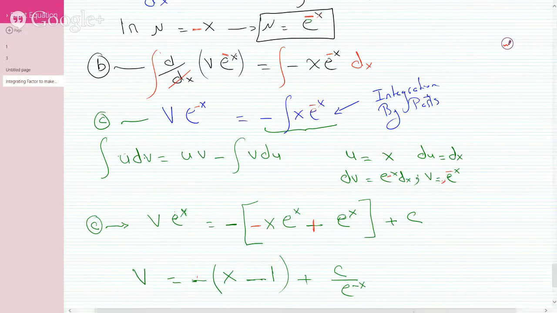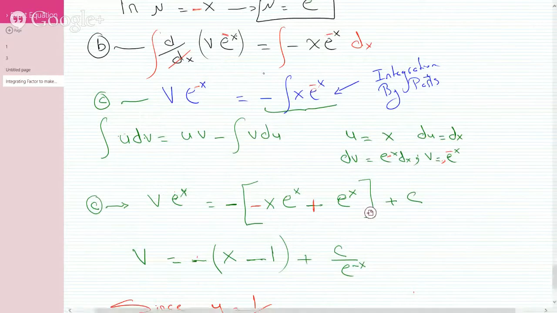Which would make this a plus, and of course we have a minus sign here, here, and here.